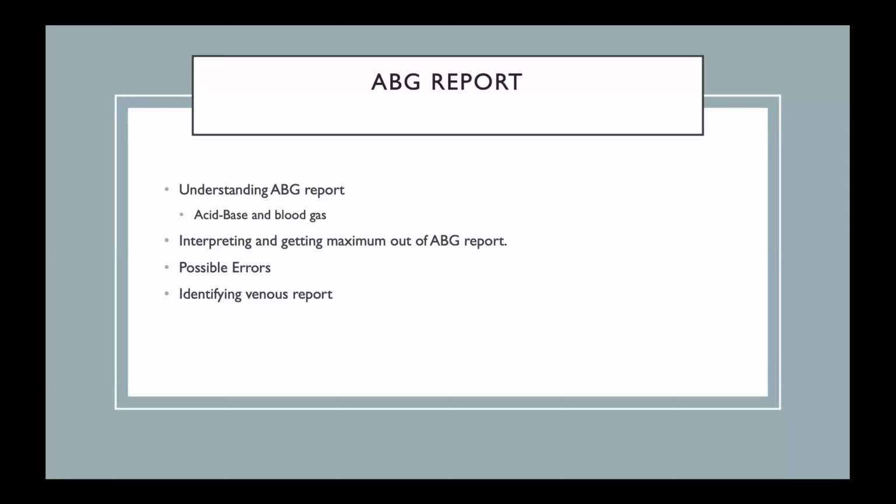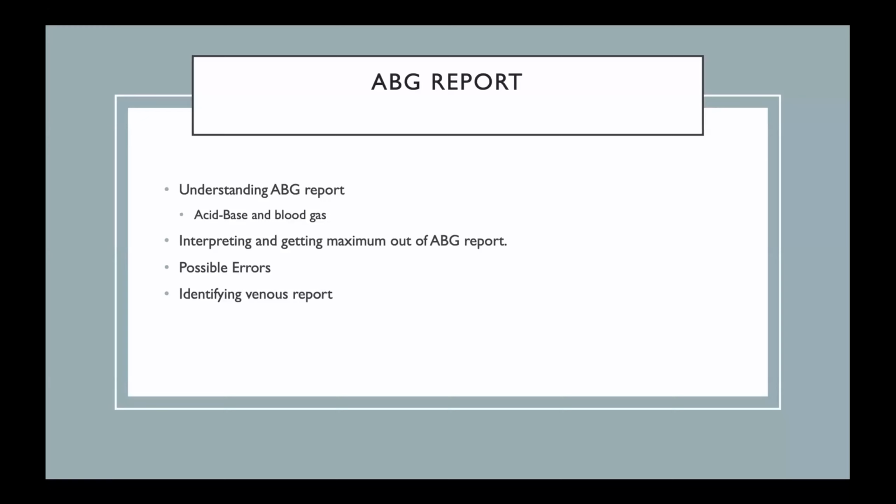Our main aim is acid-base blood gas report reading. First, we should be able to understand the report, which has the acid-base problem and the blood gases, oxygen and carbon dioxide.